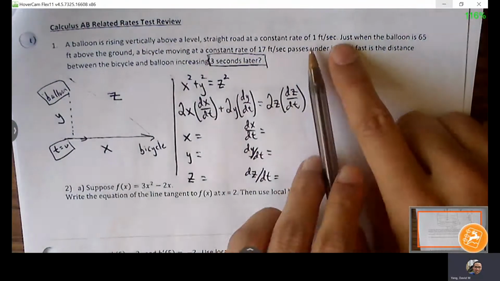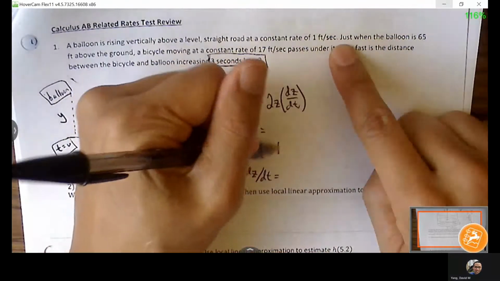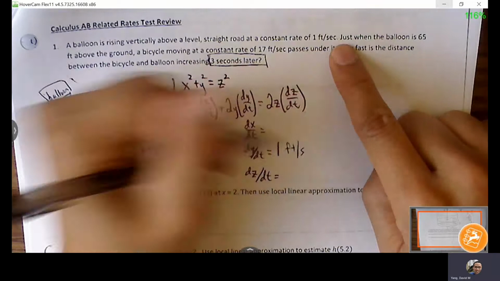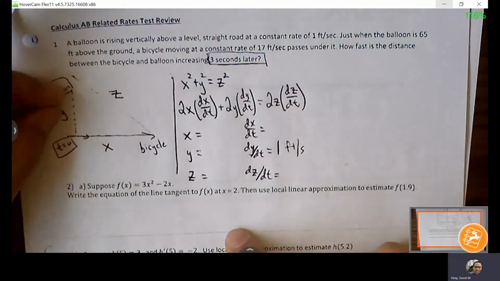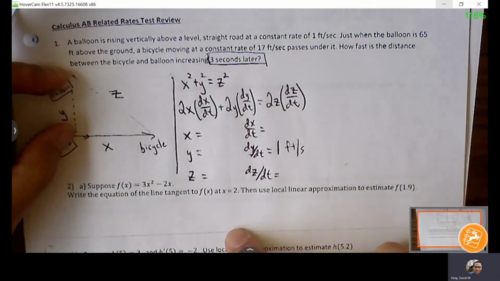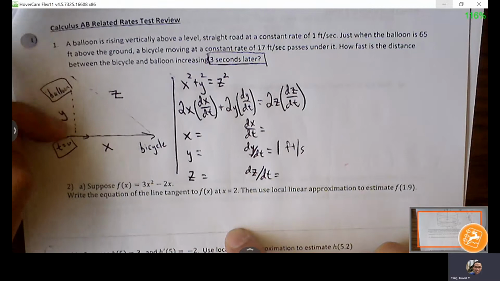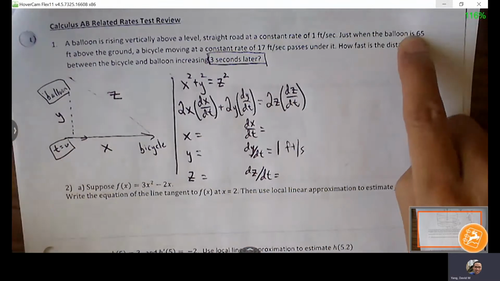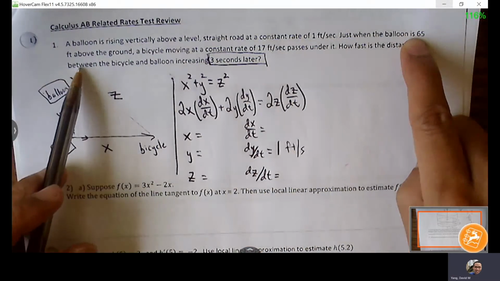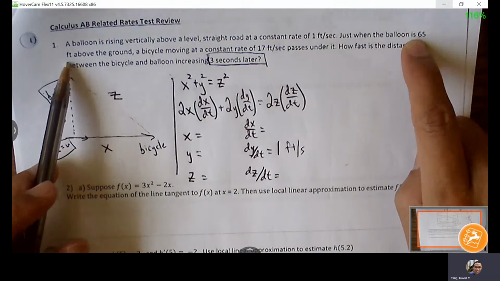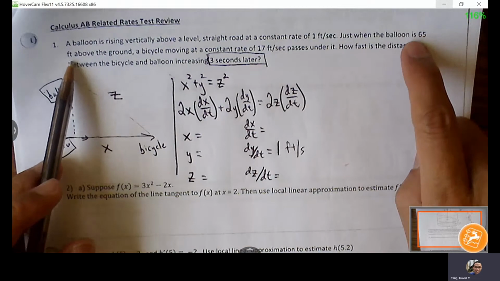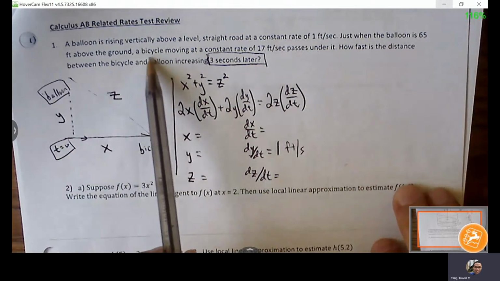And why is it positive? Okay. Yeah, because y is increasing, right? That distance between the balloon and the ground is increasing. Okay. Just when the balloon is 65 feet above the ground, we'll hold off on that. This is something that we got to be careful about. Let's skip that for now.